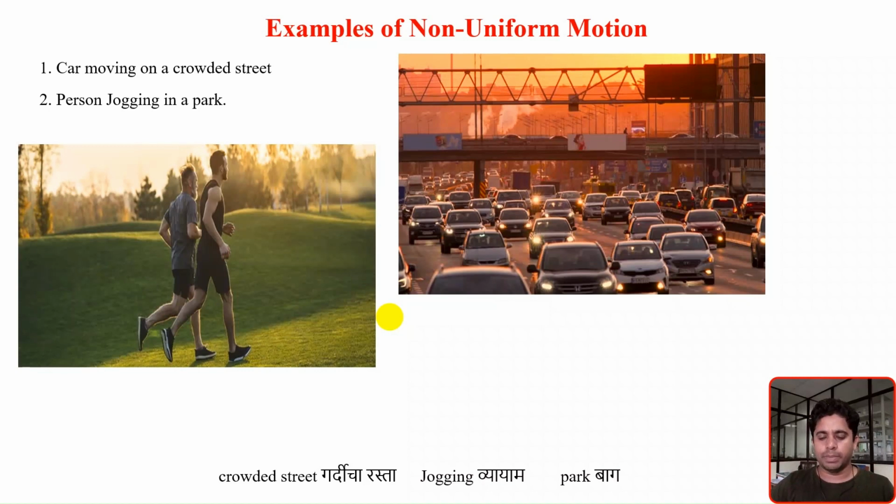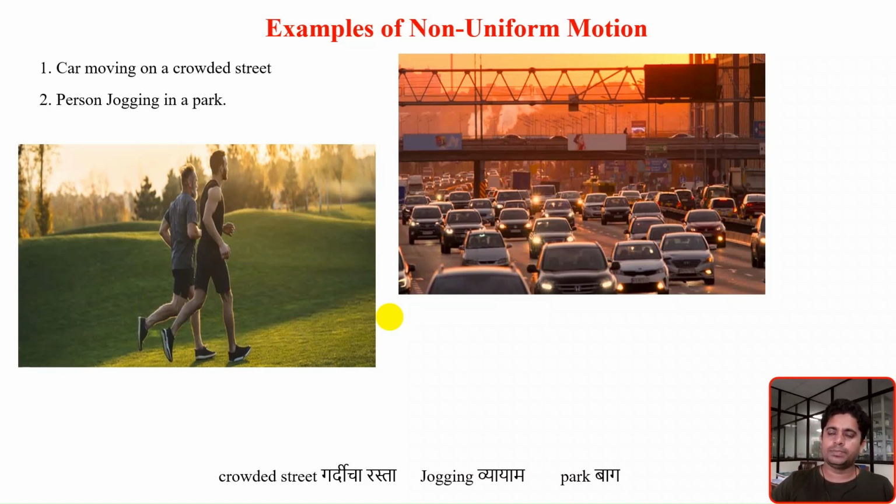See, simply what will happen is, maybe for the starting 10 minutes or first half an hour, we will run with some speed. And once we get exhausted, once we get tired, then somewhere we will sit on a bench, drink water, and take a long breath.